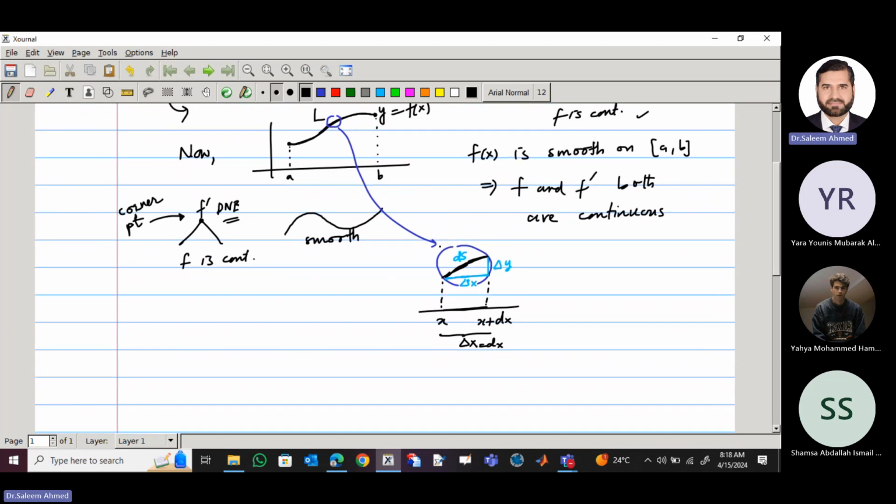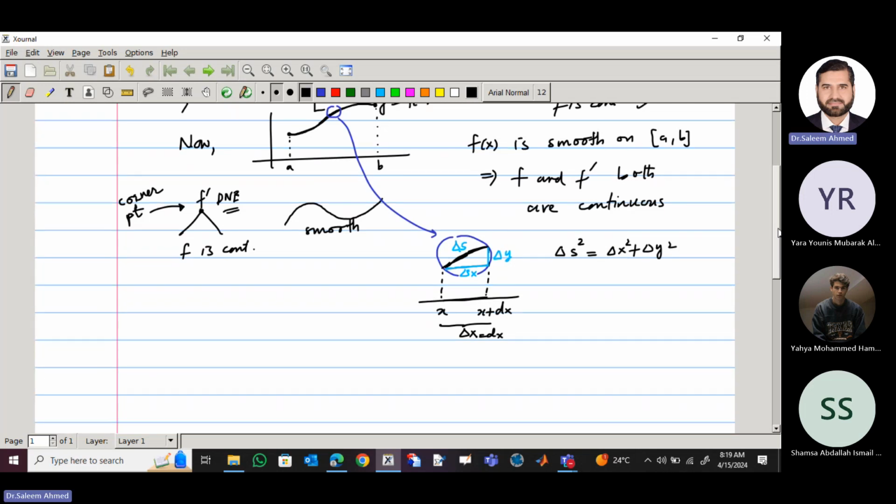It is a right-angled triangle, so delta s squared should be equal to delta x squared plus delta y squared.